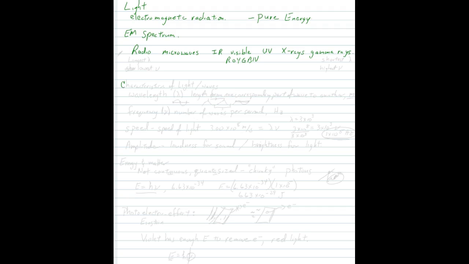Characteristics of light, or waves of any sort. One is wavelength. Wavelength is the distance from one portion of a wave to an identical portion of the wave.